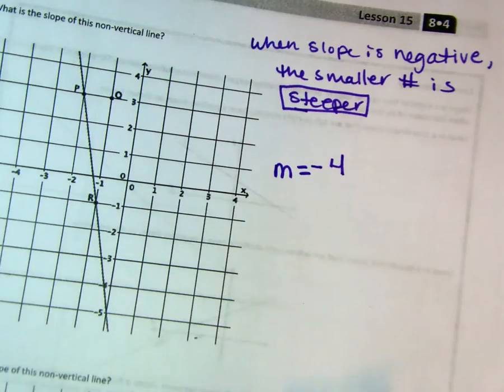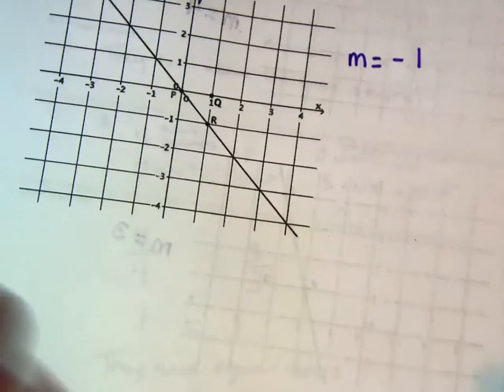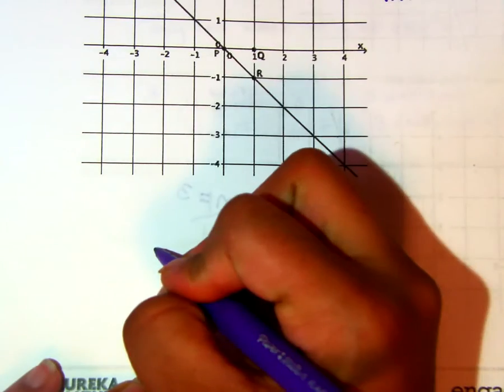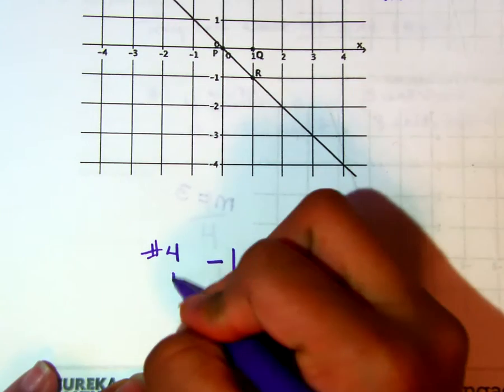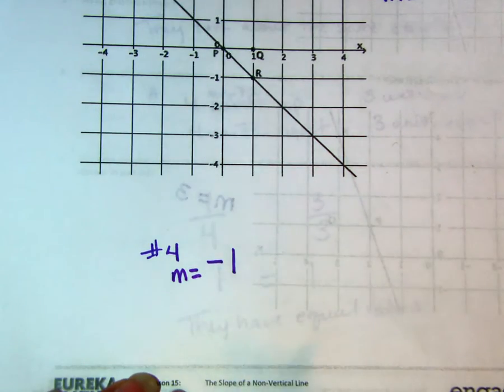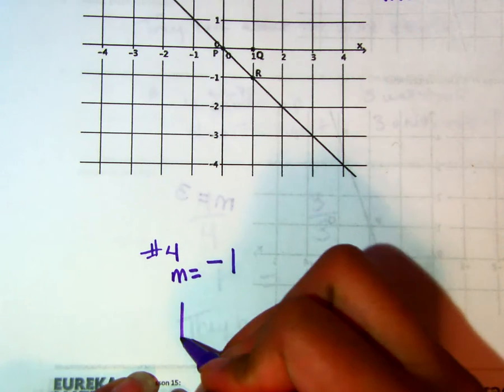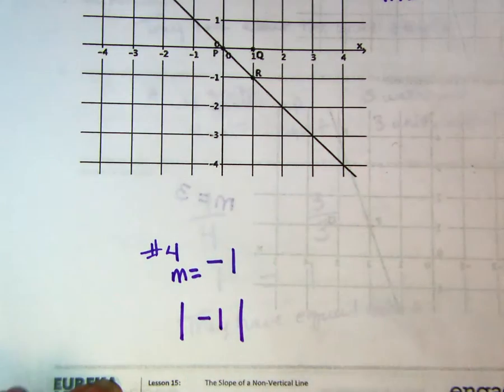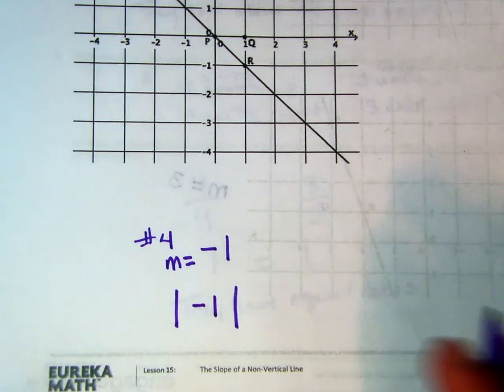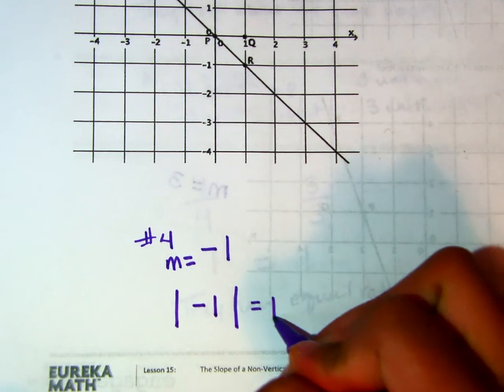So if we're looking specifically at number 4 and number 5, in number 4, our slope was -1. Let's take the absolute value. Remember, we use these lines to make negatives be positive, right? So the absolute value of -1 is 1.